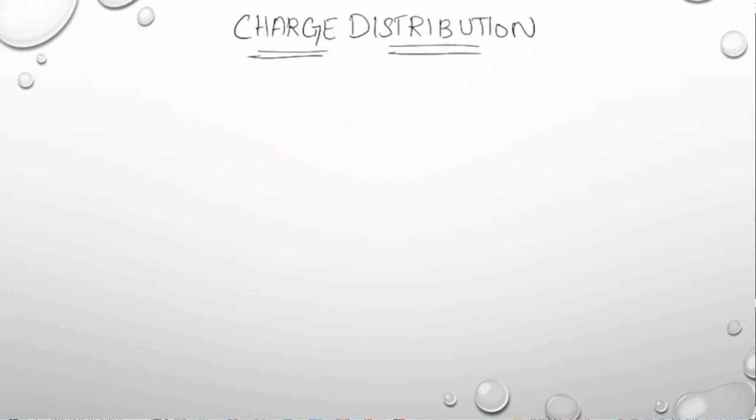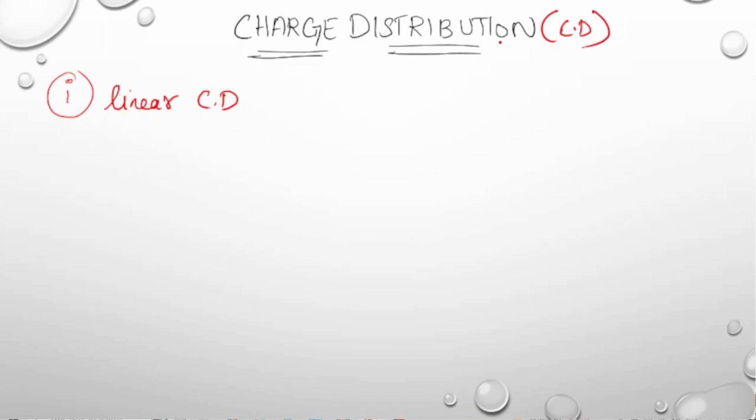So we have completed the electric field lines, right? Now we are moving on to charge distribution. Listen carefully. You have three different kinds of charge distribution. First one is linear charge distribution, I'll write it as CD for convenience.